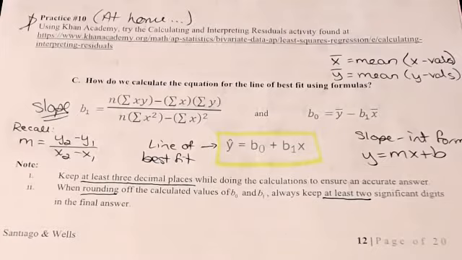We want to round our b sub 0 and our b sub 1. So the suggestion here is to keep at least 2. Typically, you will see anywhere from 2 to 3 values after the decimal, okay? Typically, it's 2 to 3. You don't generally see anything greater than that.